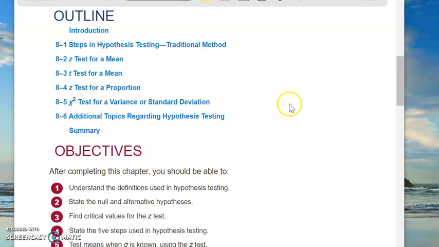Okay, 8.5, chi-squared test for variance or standard deviation. Many times we want to know, is there a significant difference between the variance of our sample compared to our population? And then we've got some additional topics. Maybe we'll cover that, maybe we won't.